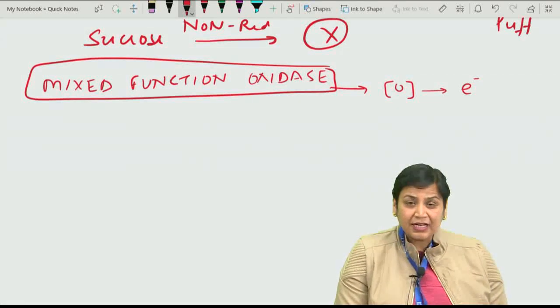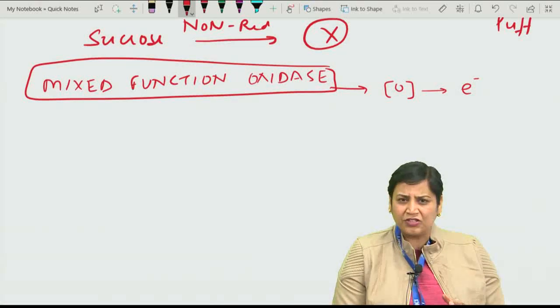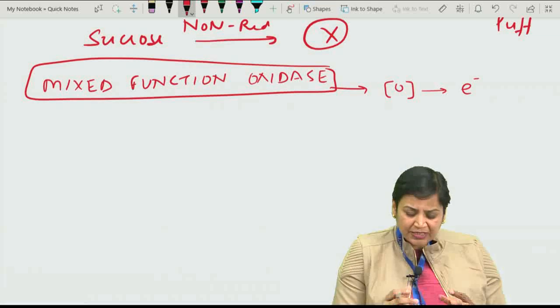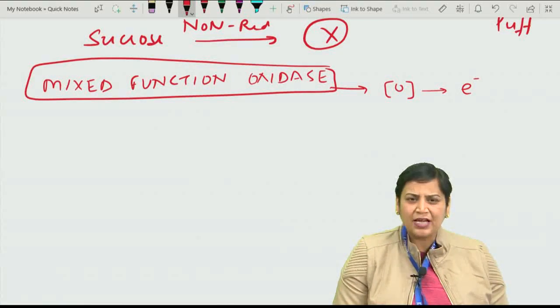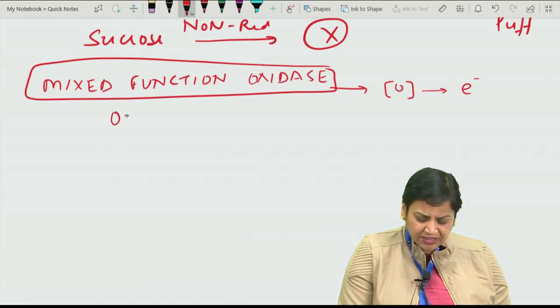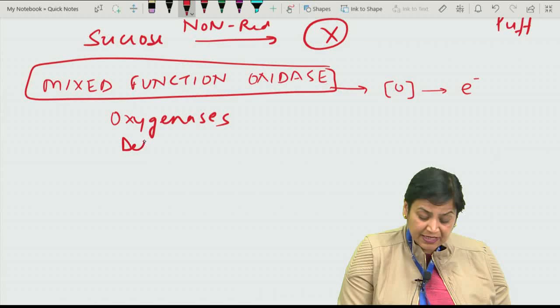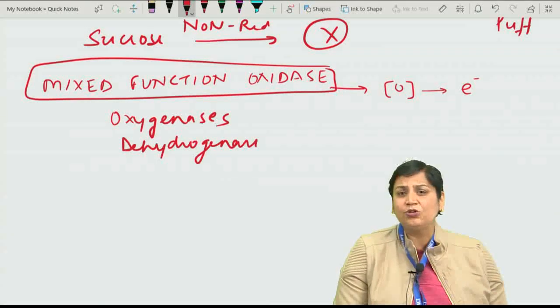So mixed function means it is having a mixed kind of function. Oxidases are a very wide class of enzymes which has so many subtypes. Oxygenases is there, dehydrogenases is there, which are further divided into subclasses.